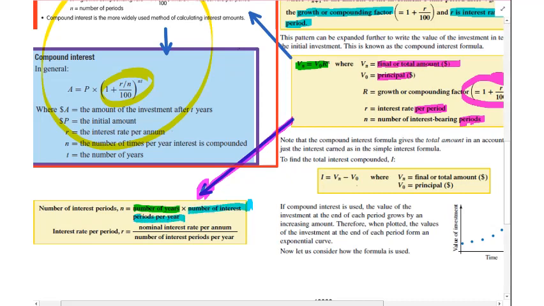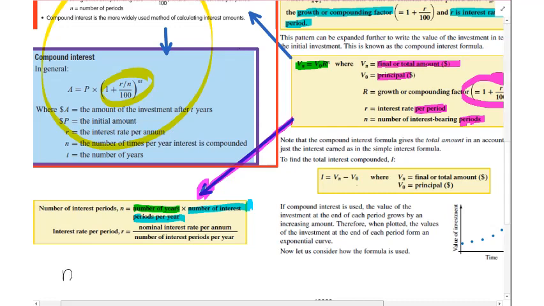You have to be really careful with this, because if I say 5 years and I'm compounding quarterly, let's write it down.